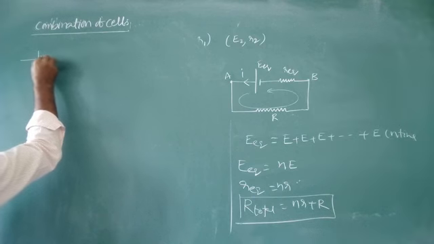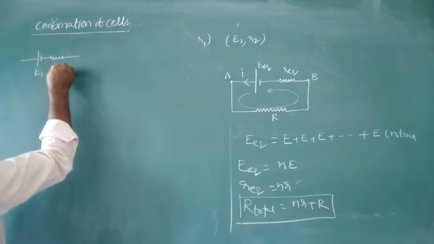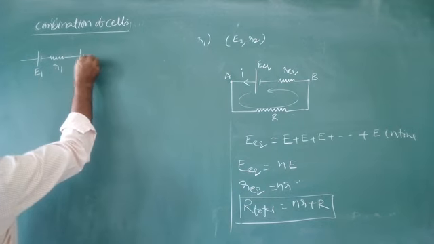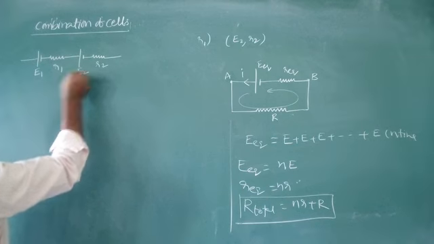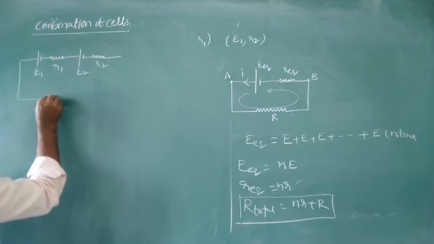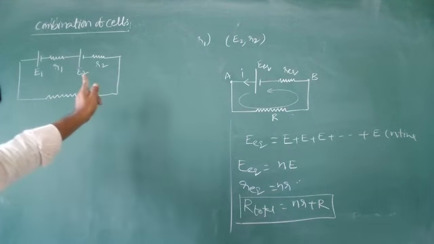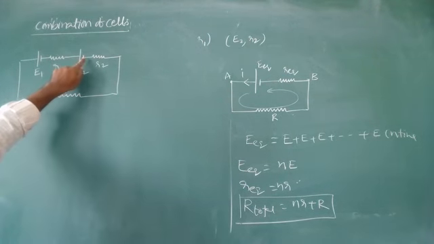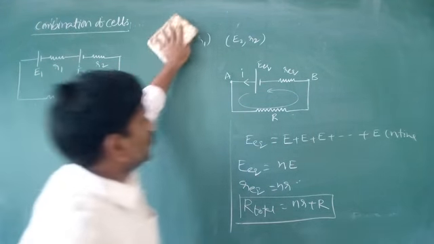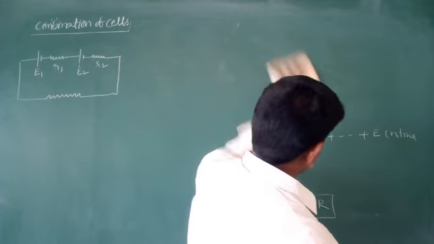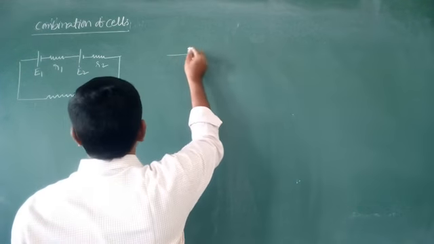We have two cells, one with EMF E1 and internal resistance R1, and the other with EMF E2 and internal resistance R2, connected to the external resistor capital R. This is a helping manner: negative is connected to positive, the next negative is connected to positive. In case negative is connected to negative, then what happened? This is the wrong connection.